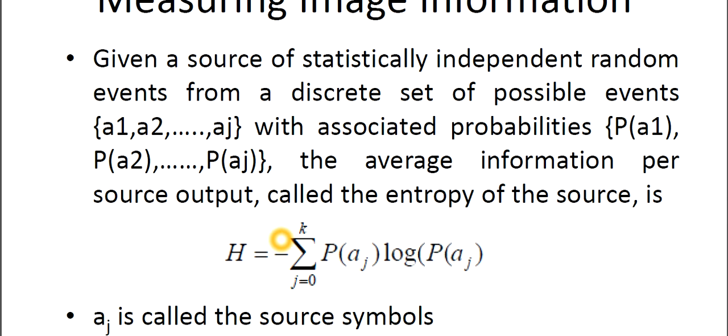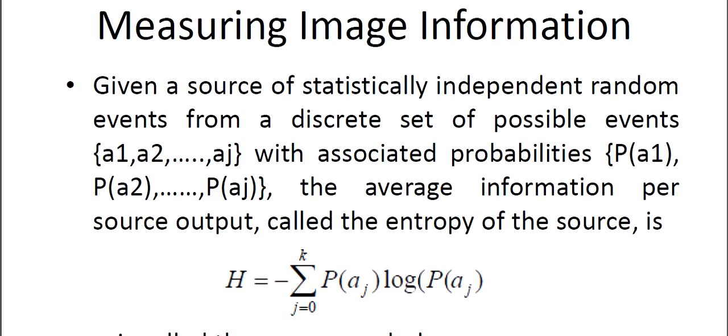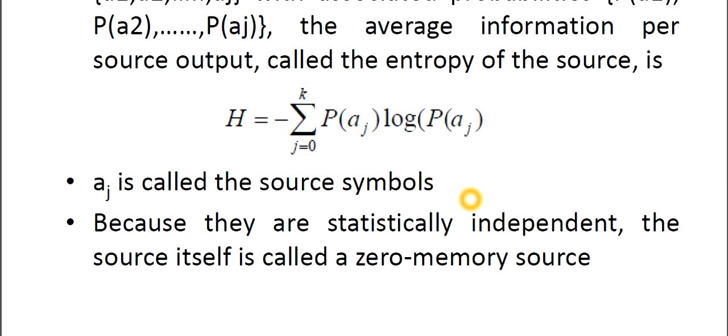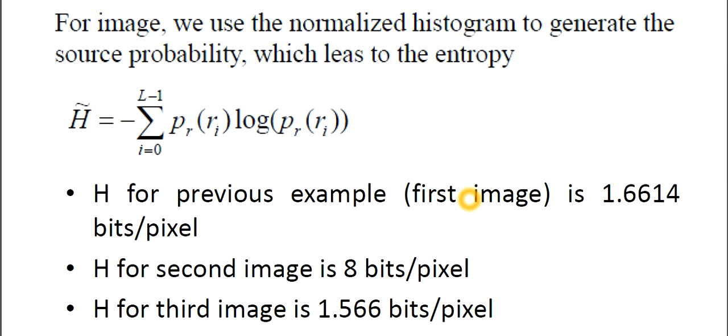That's how we measure image information, which is totally dependent on entropy. For an image, we use the normalized histogram to generate the source probability, which leads to the entropy.